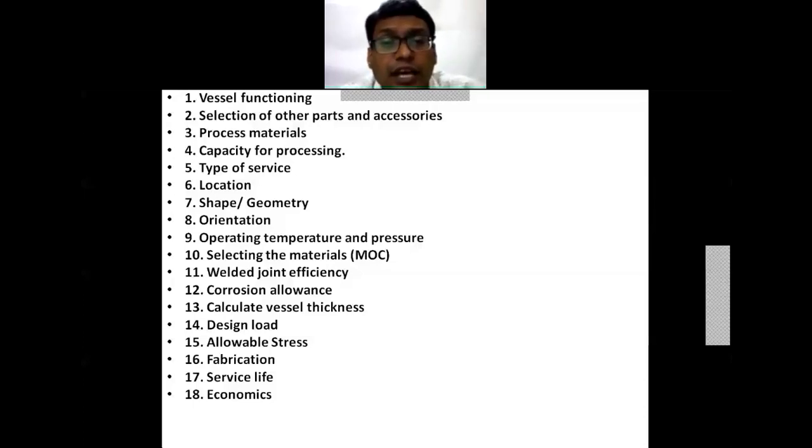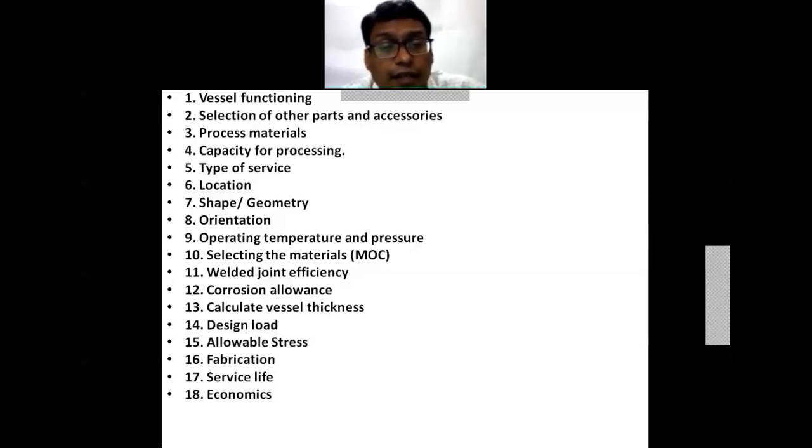Then the thickness has to be calculated. Based on this thickness calculation, we have to consider the different loads to calculate the thickness. Which are the different loads? That we are going to understand.